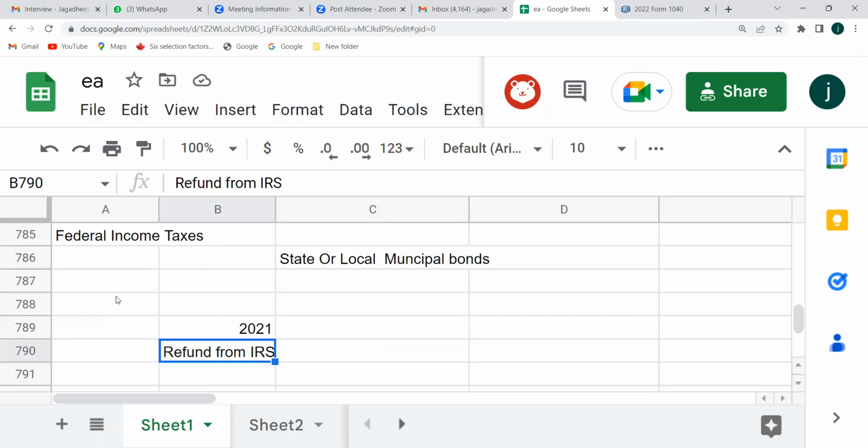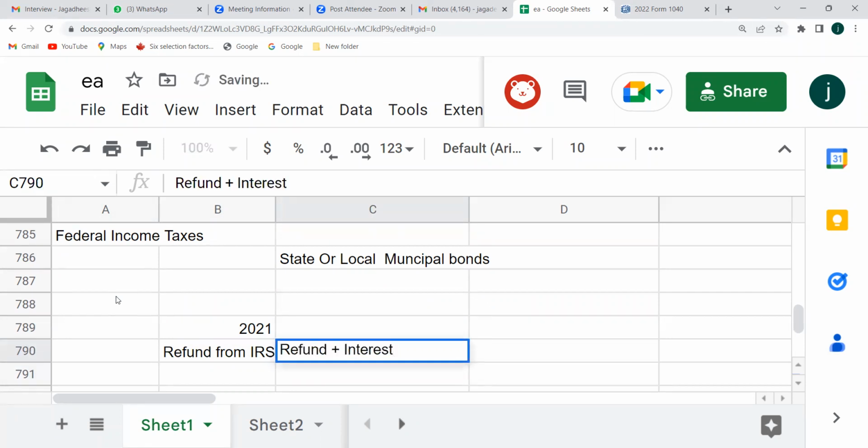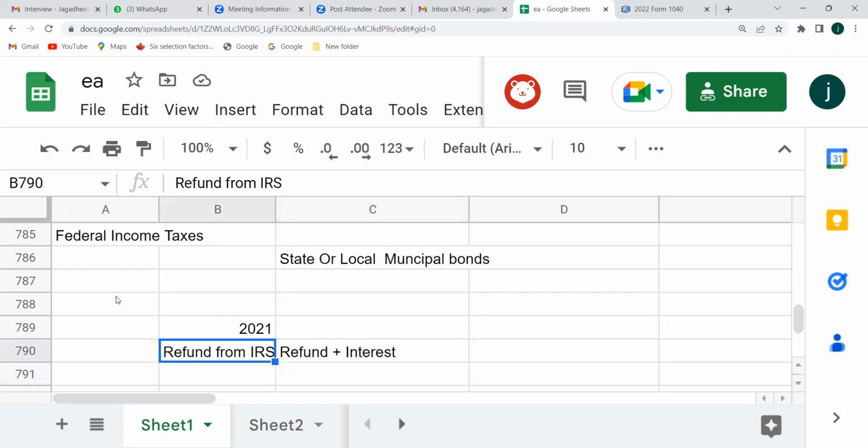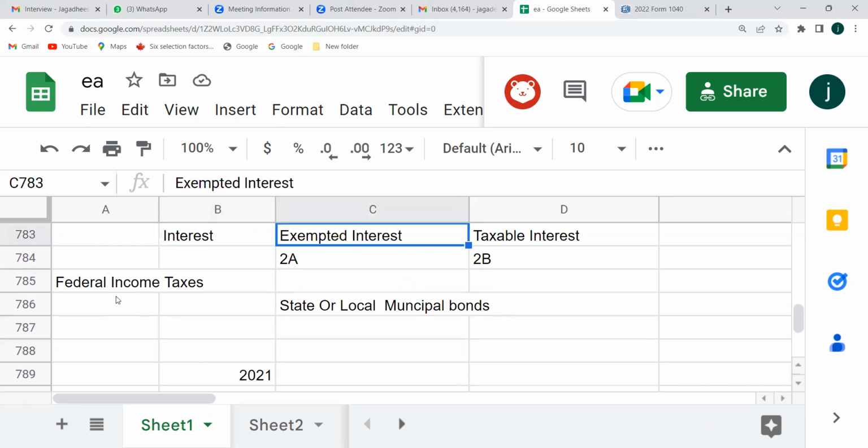For that, the IRS will give you the refund amount plus some interest. This interest amount will be taxable in the year in which you received it. So interest on a tax refund is also taxable.